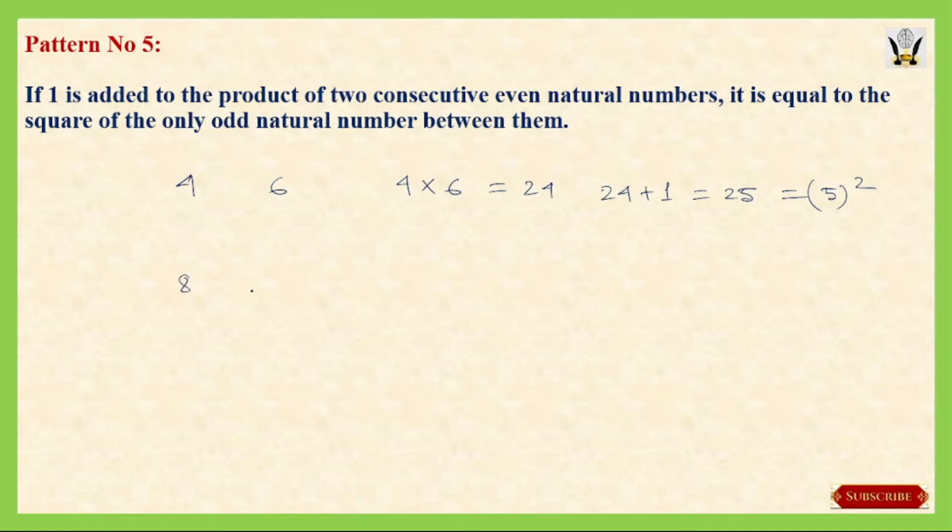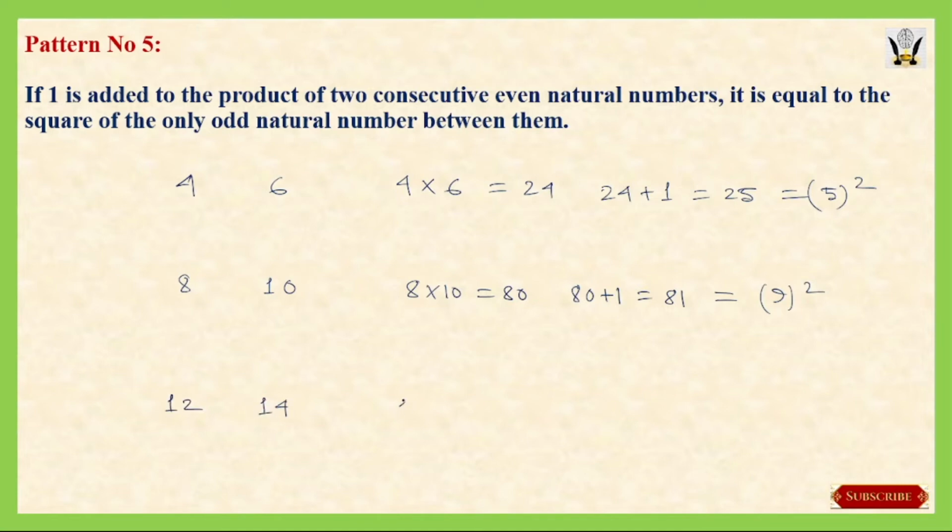Now let's choose 8 and 10, these two consecutive even natural numbers. So now when we will multiply them, it will be 80, and 80 plus 1, it will be 81, and 81 is what? It is square of 9, and 9 is the only odd natural number which lies between these two consecutive even natural numbers. Now let's choose 12 and 14.